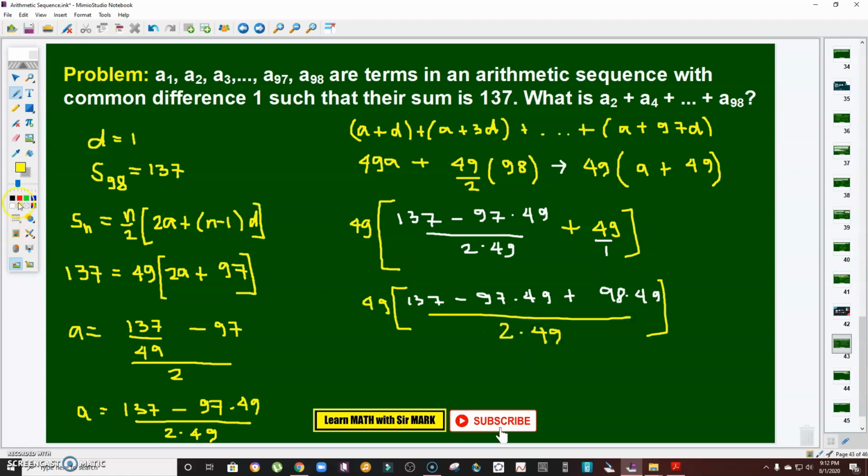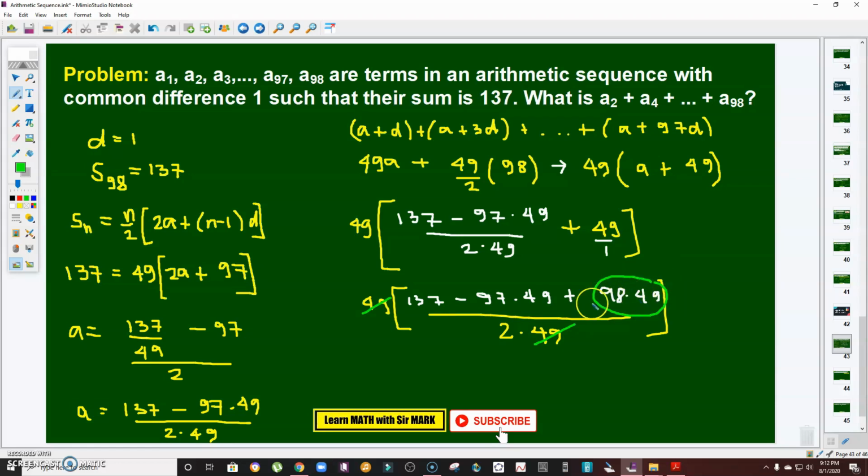There you go. Now, look at this. Here comes the trick, the magic. The 49 will now cancel. Note that this is 98 times 49, and I did not multiply it out all throughout; I just leave it as is.